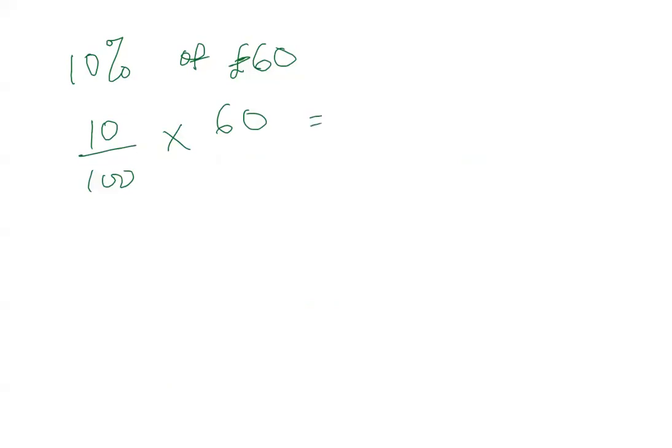That gives you 600 divided by 100, because 10 times 60 is 600. That gives you 6 pounds. That's 10% of 60. So you can just put that down, but I think there's no point writing that one.